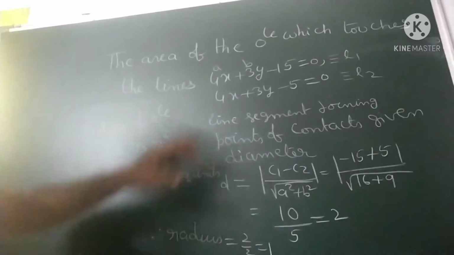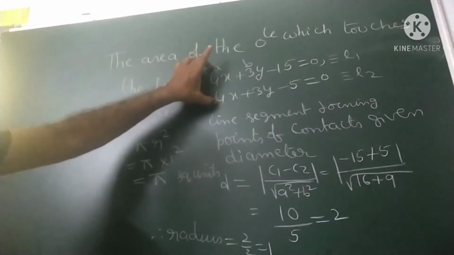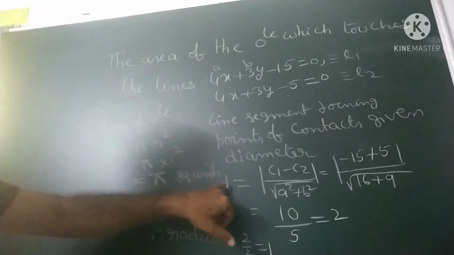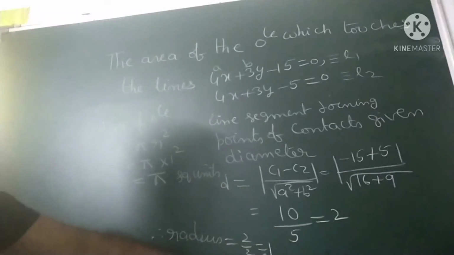So children, when these two lines are given, find the distance between parallel lines and it gives the diameter. From that consider the radius.